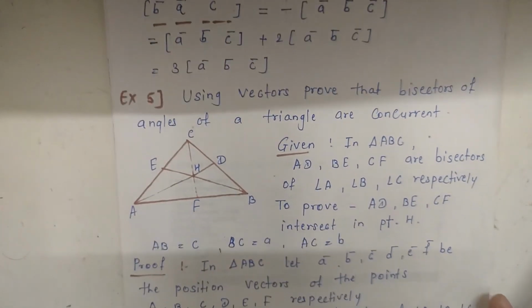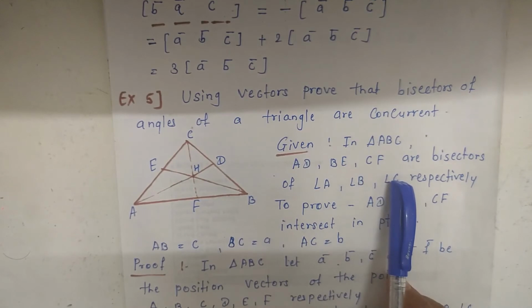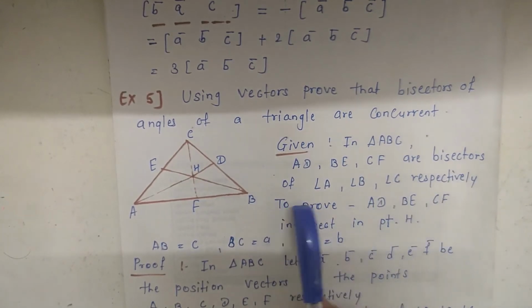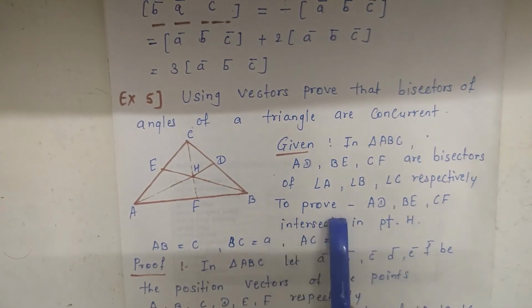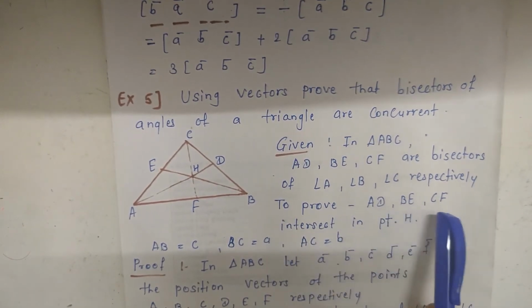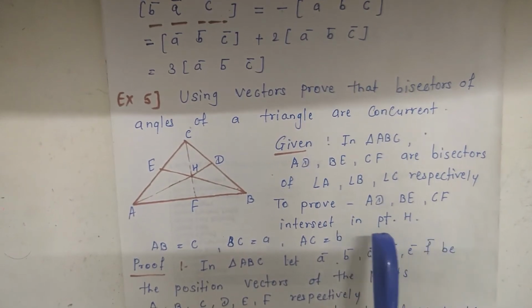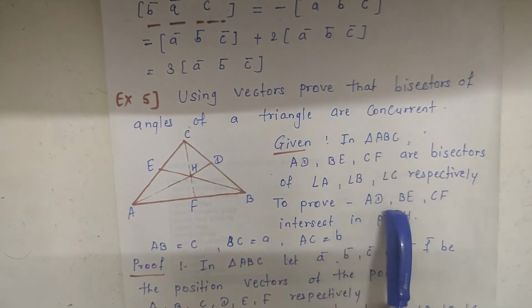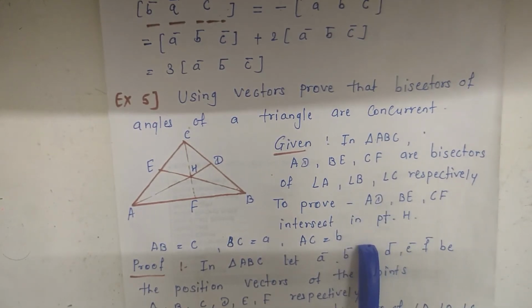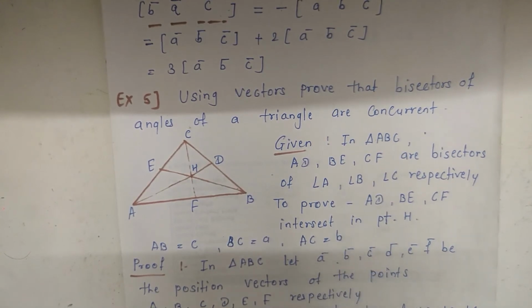So right here in the proof, in triangle ABC, AD, BE, CF are bisectors of angle A, angle B, angle C respectively. We have to prove that AD, BE, CF intersect in point H. That is, these three angle bisectors have the same common point. These bisectors intersect in the same point H.